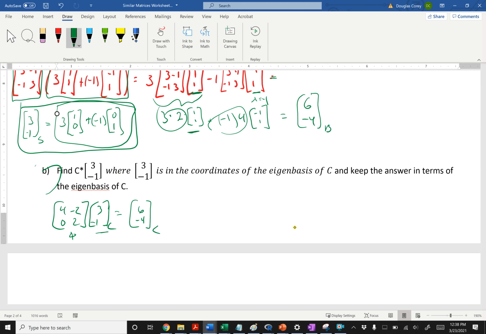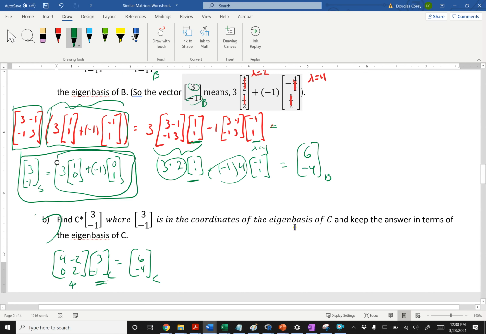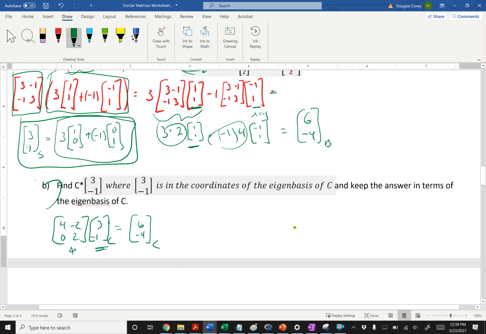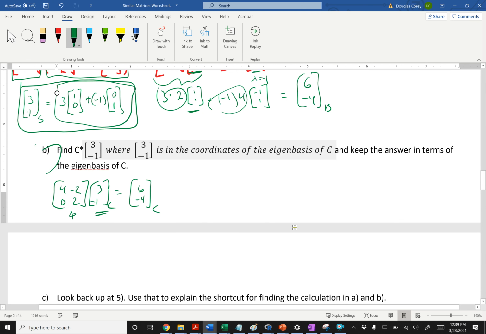Now, this isn't the same spot as the 3 and -1 up here, wherever that 3 and -1 is. It's not the same spot on the grid in terms of x and y's, but wherever it is, it does get stretched the same.